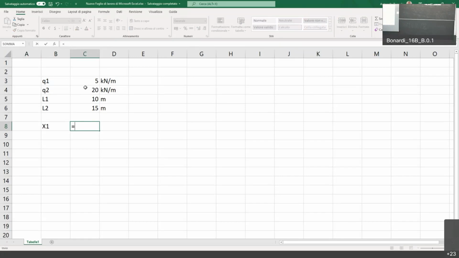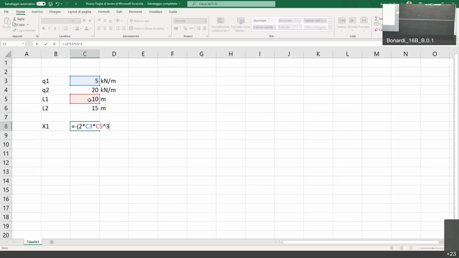When we add a formula, we have to insert the equal sign, then minus, then we have a ratio. So we open the brackets, 2 times Q1, the multiplication sign, and then we select the cell where we added the value of Q1 times L1 to the power of 3.